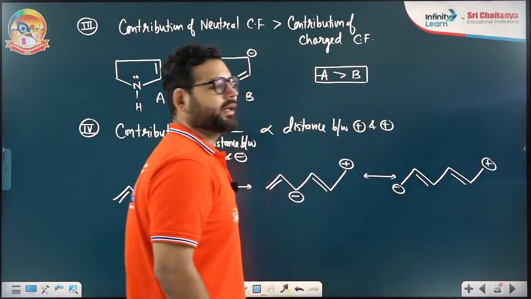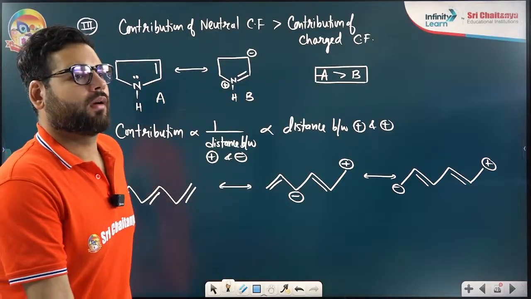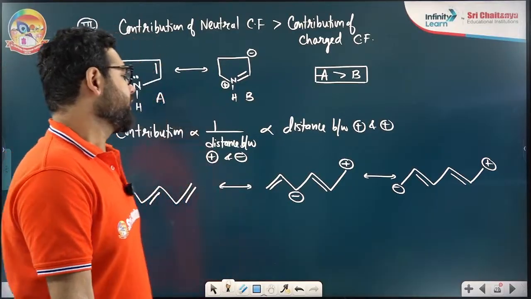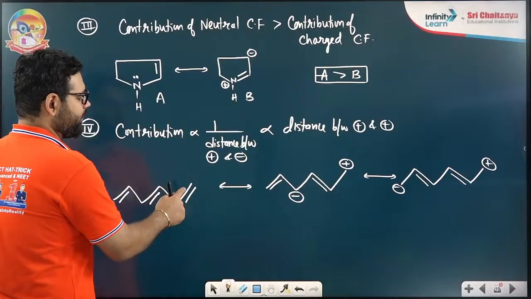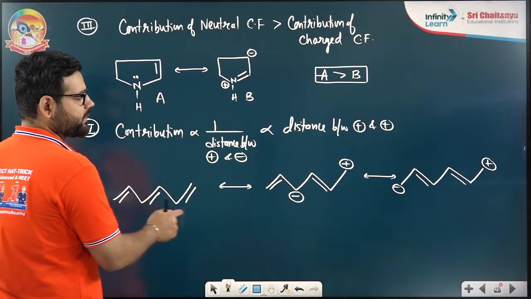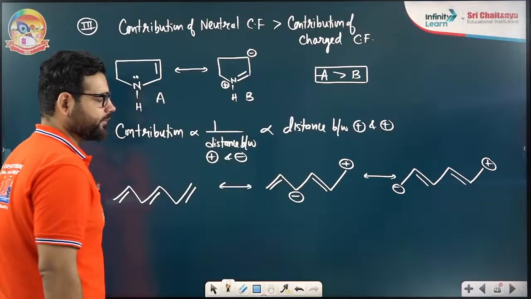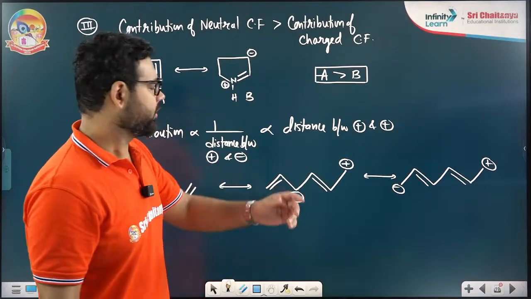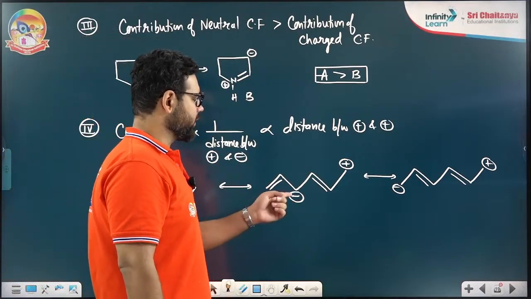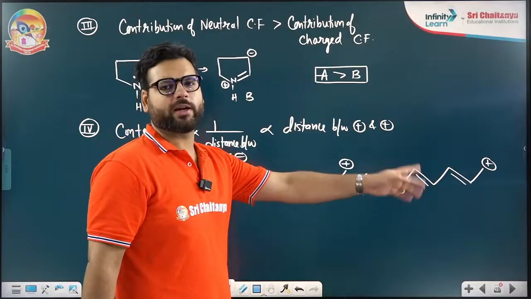Okay, something like this. So what I have done here is I have sent this pi bond ahead, pi become minus, so I get a plus here and a minus here. Then I've just made one more canonical form by sending this minus even forward. Minus become pi become minus. I have made this one.